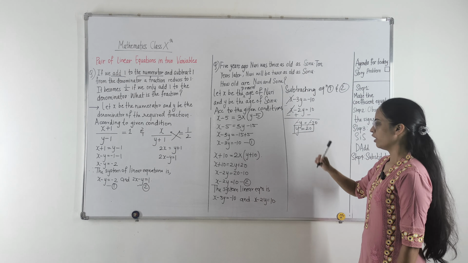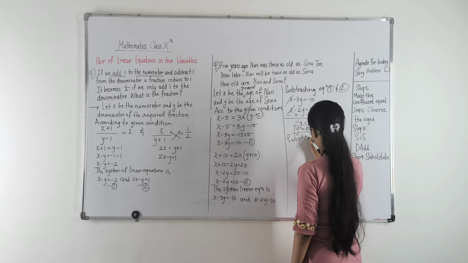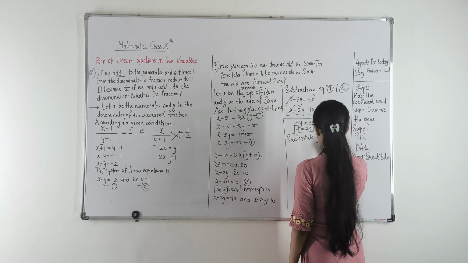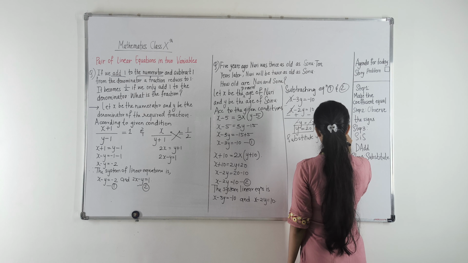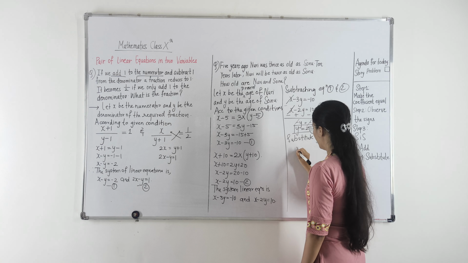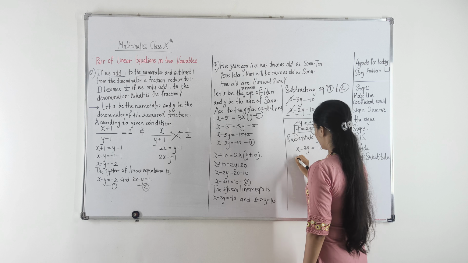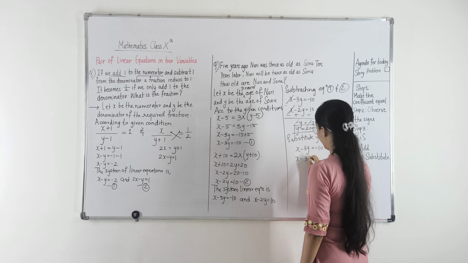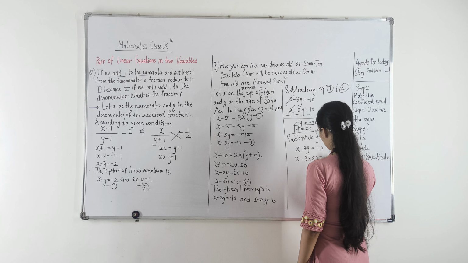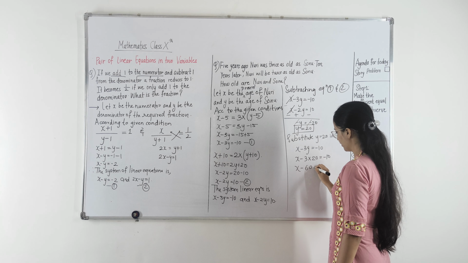Now once we have got the value of y as 20, let us use this in any one of the equations. So substitute y equals 20 in equation 1. So x minus 3y equals minus 10. So x minus 3 into 20 equals minus 10. We all know that 3 into 20 is 60.